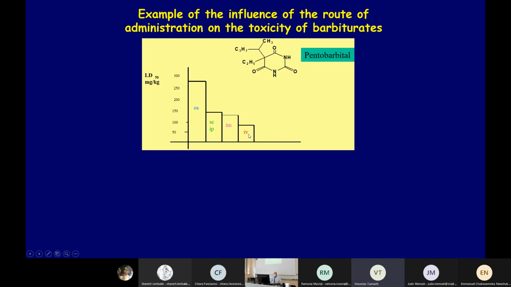You see intravenous only 100 milligrams per kilogram. This picture describes very well the different bioavailability of a drug if this drug is taken orally or by injection, different types of injection ways.